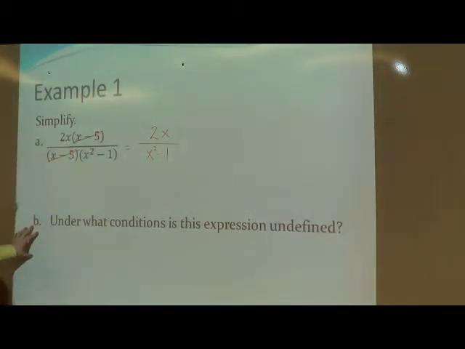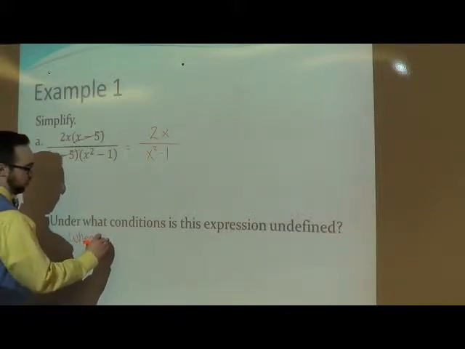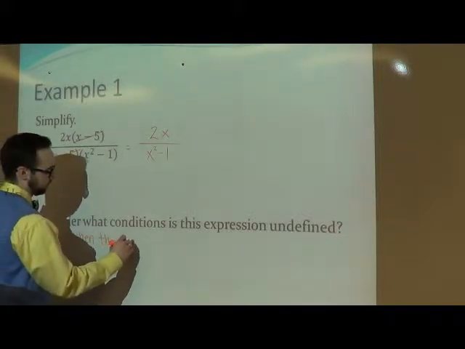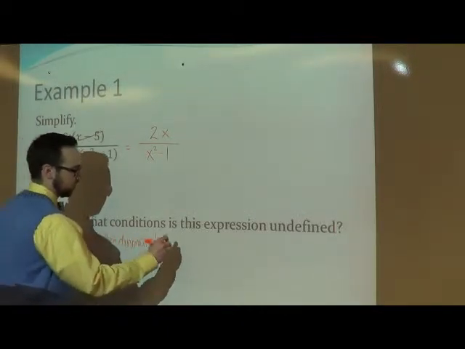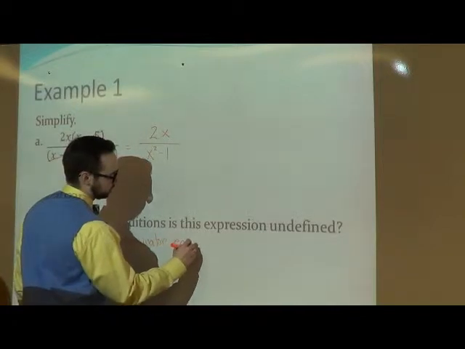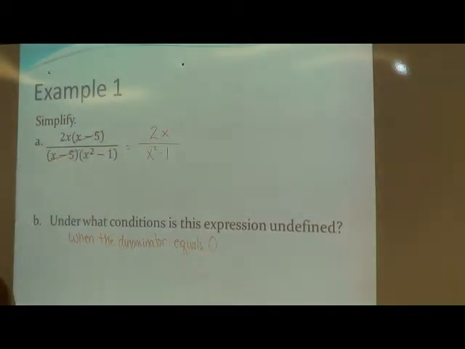Now their second question says, under what conditions is this expression undefined? Remember, where is it undefined? When the denominator equals 0. Well, that's not a sufficient answer because they're asking us what are the conditions.